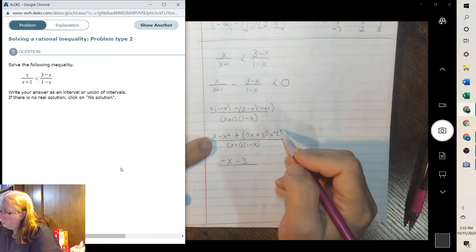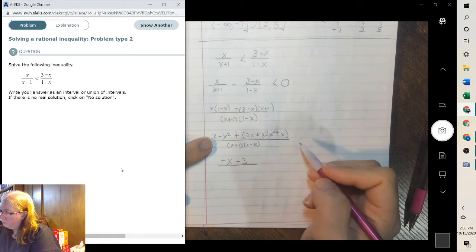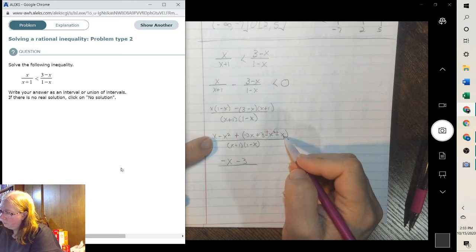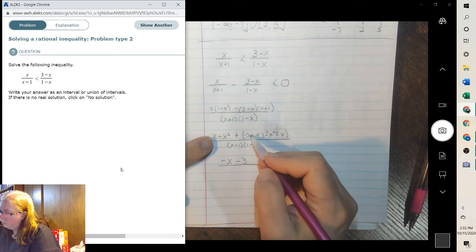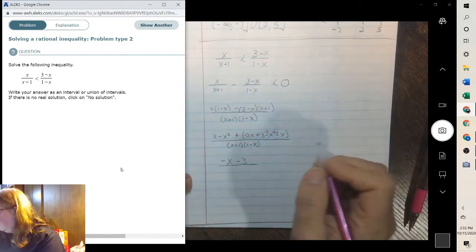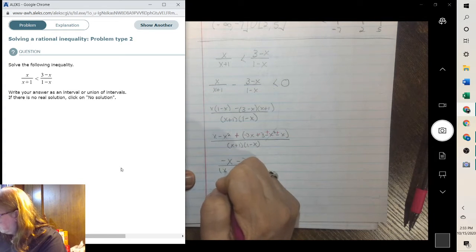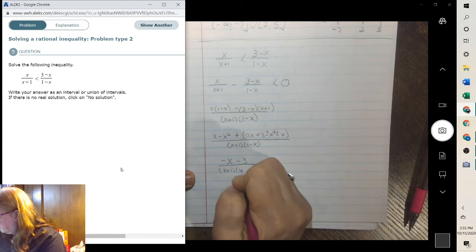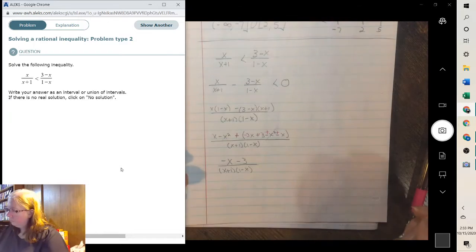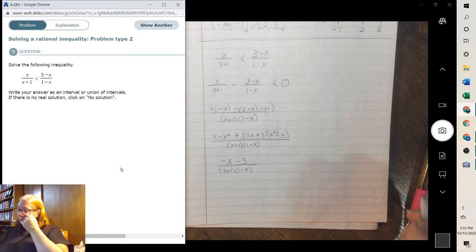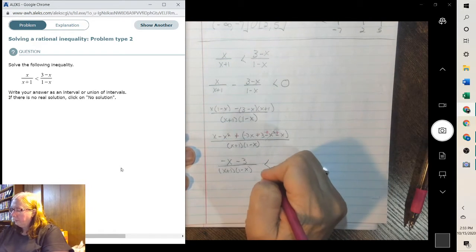Make sure this x squared and this one cancel. Negative, these two is 2x, and that one makes it a negative x. So you have this, and it's all less than 0.